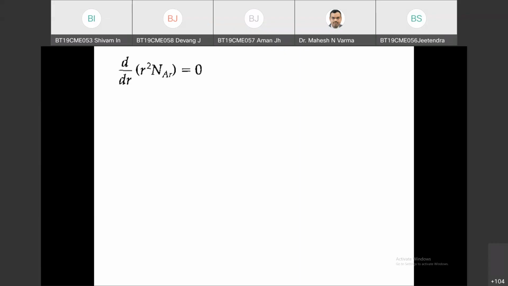It is all together from the class where we started shell balance for momentum transfer. All that fundamental can be used here also. So hereafter, we will be substituting the definition of N_Ar. Again here we will have a binary system, and the solubility of B in A is 0 for the binary system.